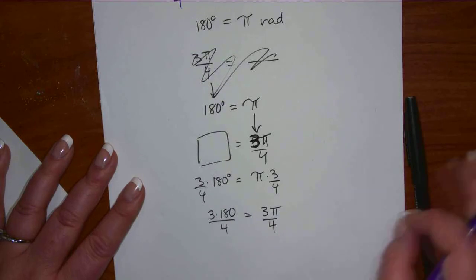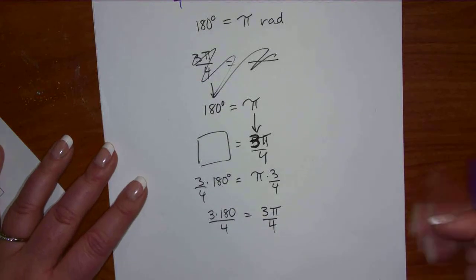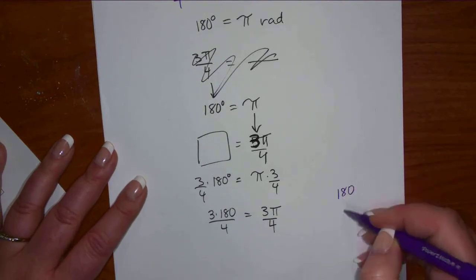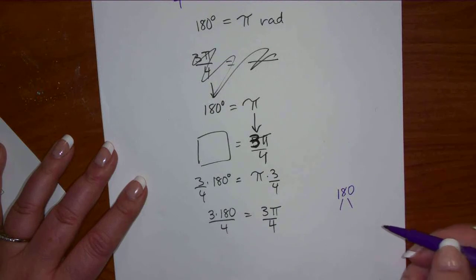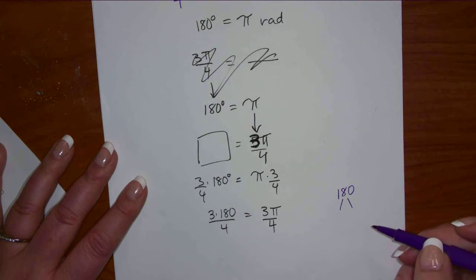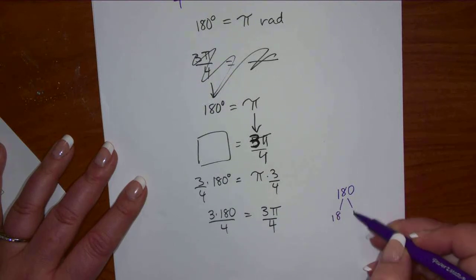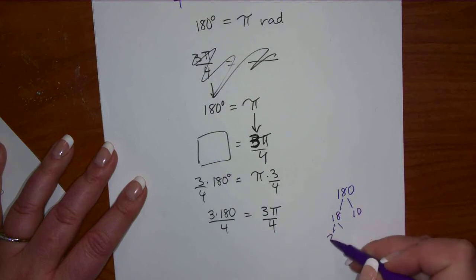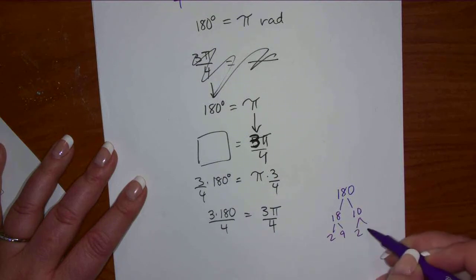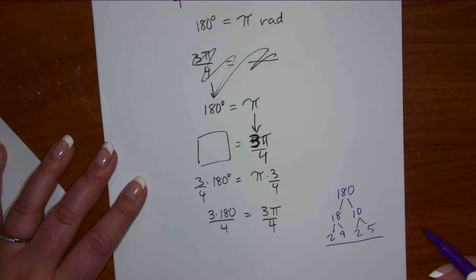Does it go in just 2 or 4? 180, something we know with 180. 2 times 90, 18 times 10. This is 2 times 9, this is 2 times 5. So my question is, does 4 go into this? What's 2 times 2? 4.